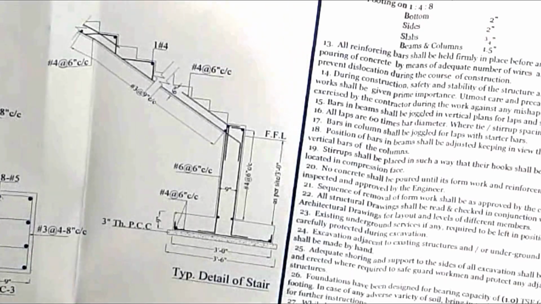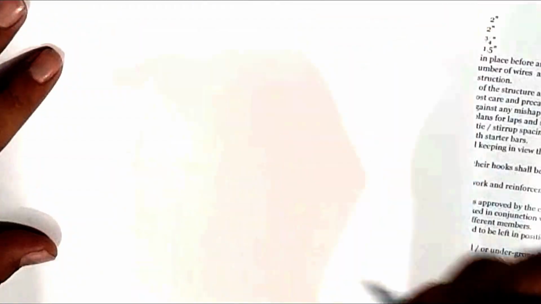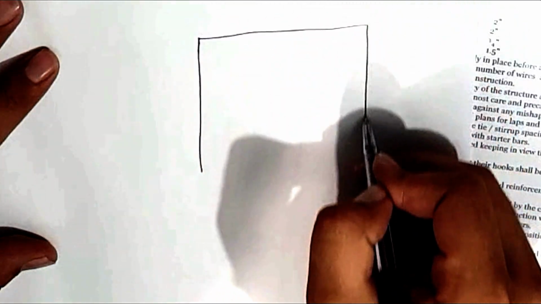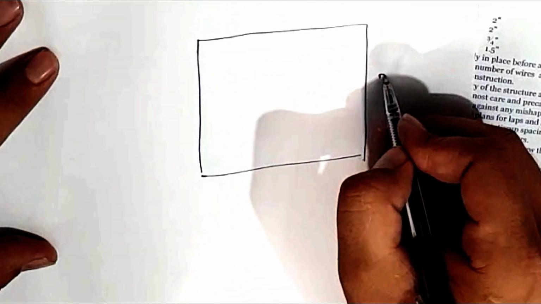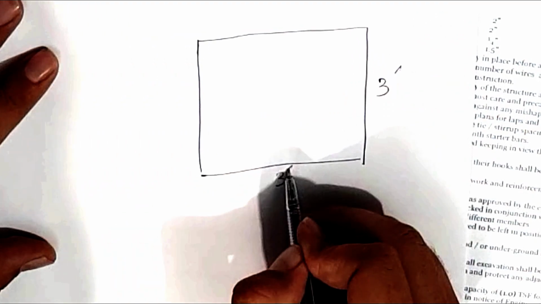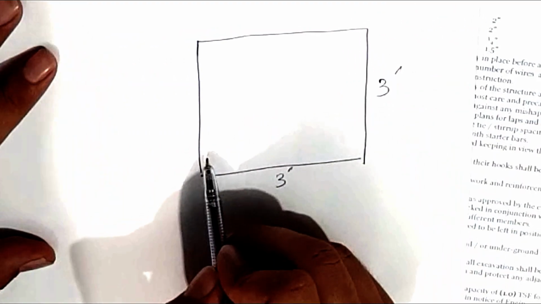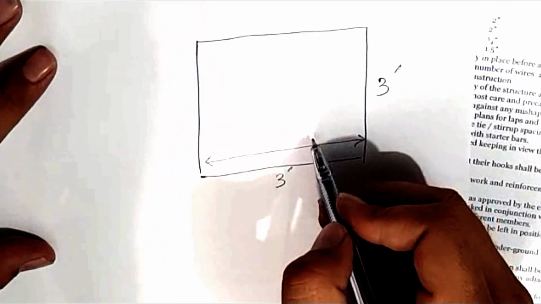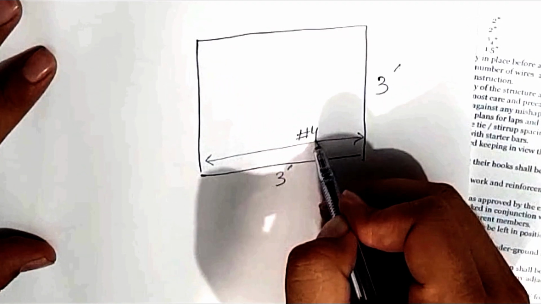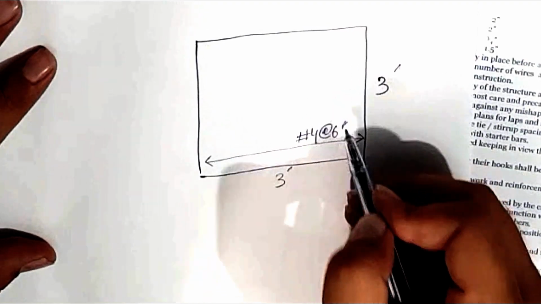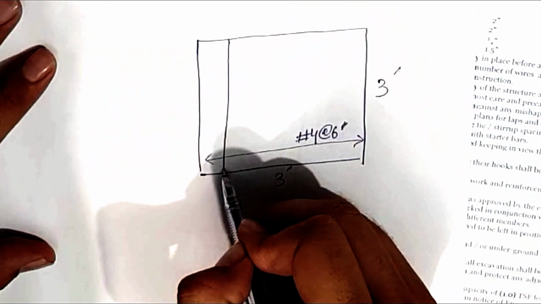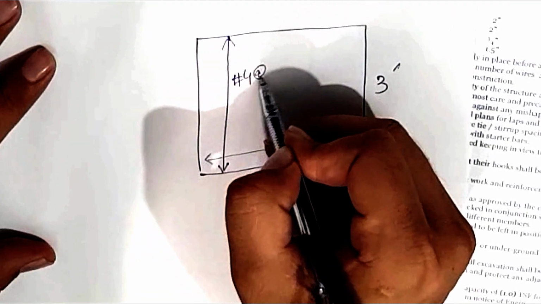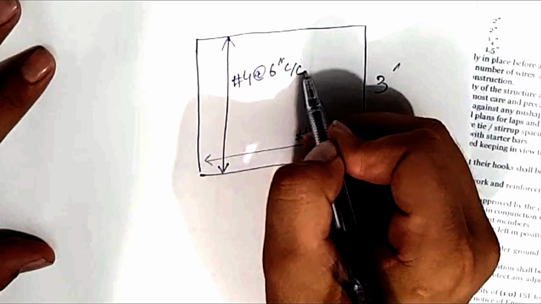So basically its plan will be somewhat like this. If this is 3 feet in this direction and 3 feet in this direction, this is the foundation. Now in this direction, the steel is number 4, at the rate of 6 inches center to center, and in this direction the same steel bar is used, number 4 at the rate of 6 inches center to center.